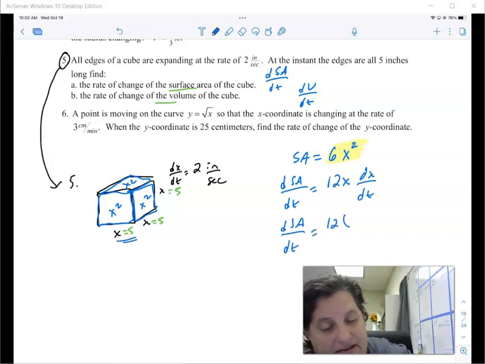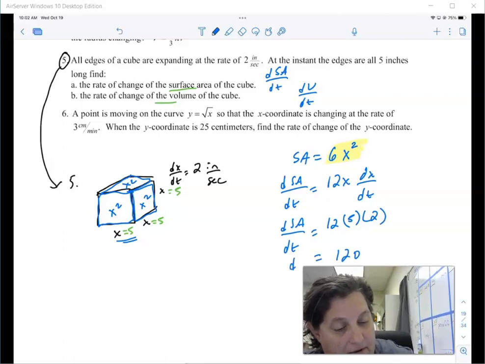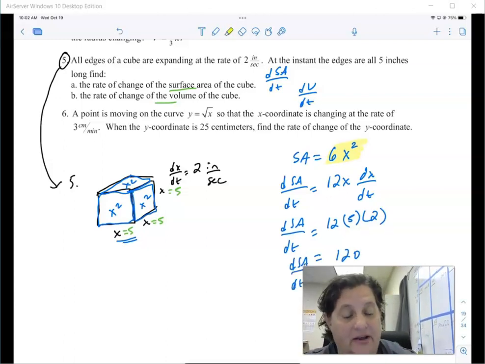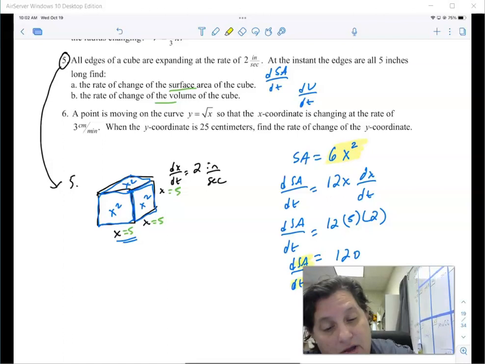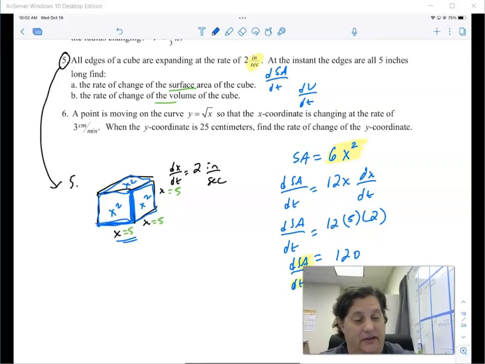It said at the instant that x was 5, and they're expanding at a rate of 2. So that's going to give me 12 times 5 times 2, 120. Now, in order to find the units, we've got to figure out what the units would be of surface area and what the units would be of time. This is telling me that it's inches per second. Well, once I switch to surface area, that's a 2-dimensional thing, guys.